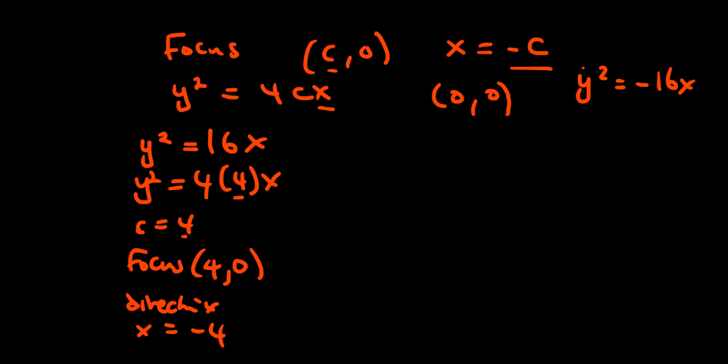When we factor out the 4, we have y squared equals 4 times negative 4x, so my c is negative 4. Then my directrix is going to be positive 4, since the negative multiplies with a negative. So I'll have my graph looking something like this.